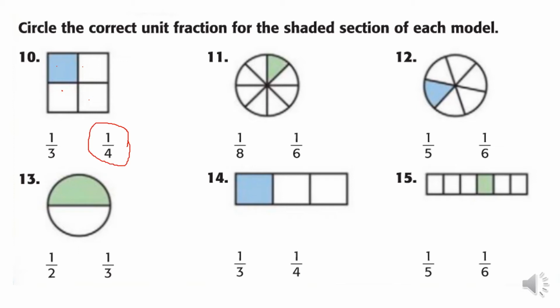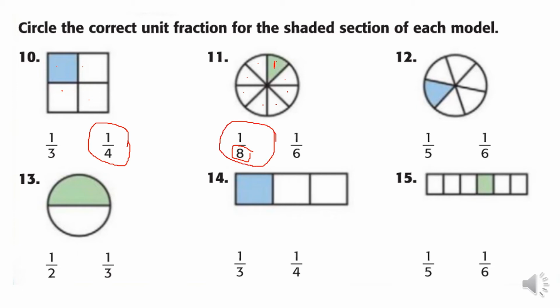So number 11, let's see how many parts this whole has. 1, 2, 3, 4, 5, 6, 7, 8. It has 8 parts, right? This little section over here is represented by this unit fraction, right?